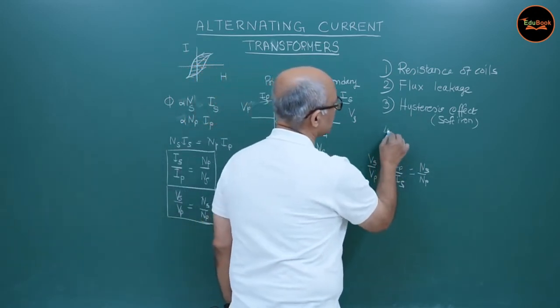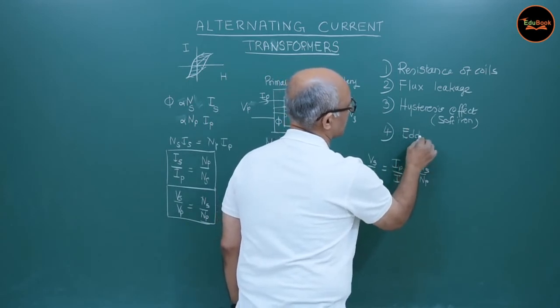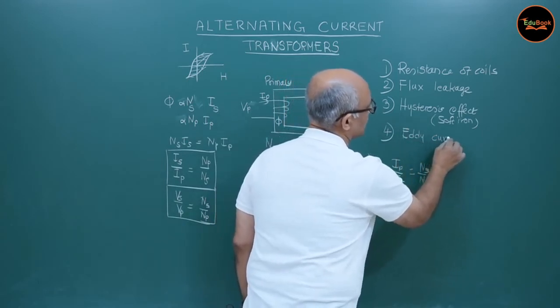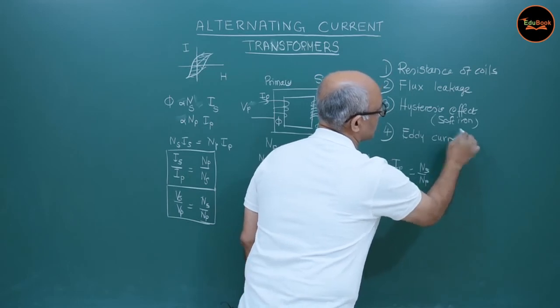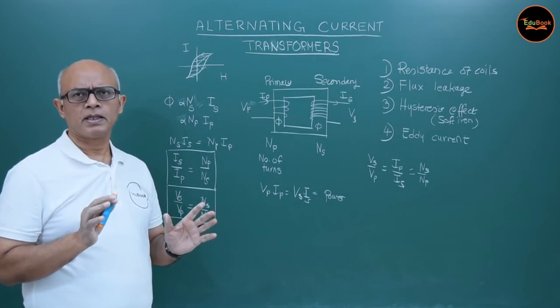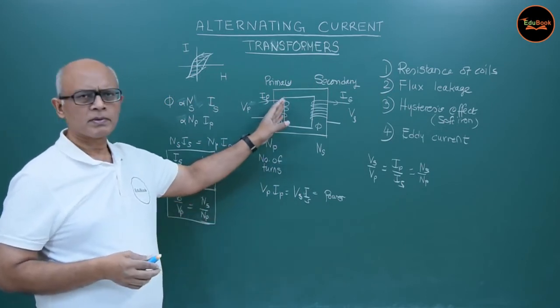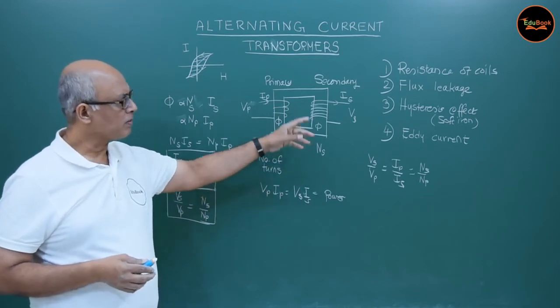And the final reason for loss is eddy currents. We studied this when we were studying magnetic induction: whenever you have a solid material and you change the current, not only do you have a magnetic field, but you also develop current inside it.